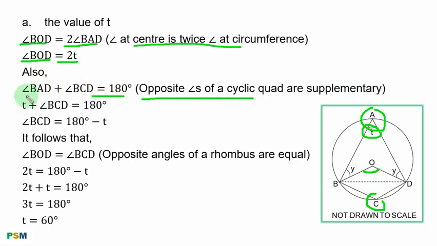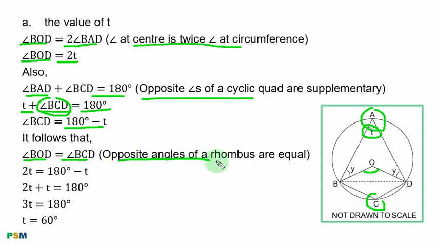You replace angle BAD with T plus this angle equal to 180 degrees. You make this angle the subject by transferring T to the right hand side. It follows that angle BOD is equal to angle BCD.